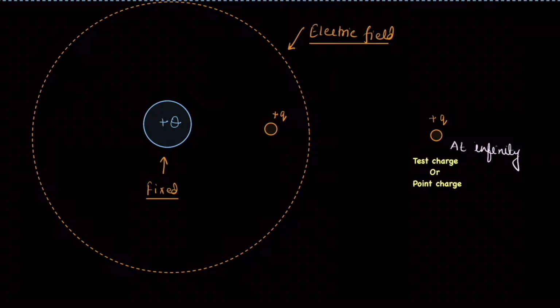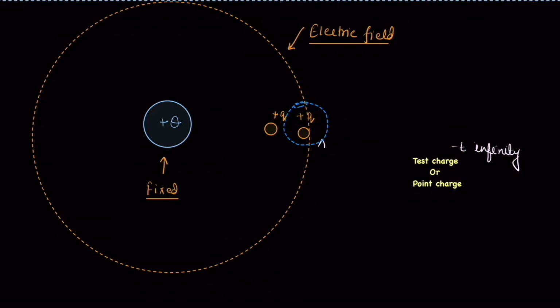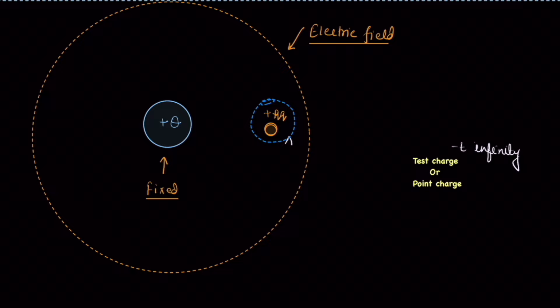But here is a problem. It is not possible. Why? Because when this test charge is about to reach the surface of the electric field, this fixed charge starts repelling it. If it is to be possible, then we have to apply some external work on it.